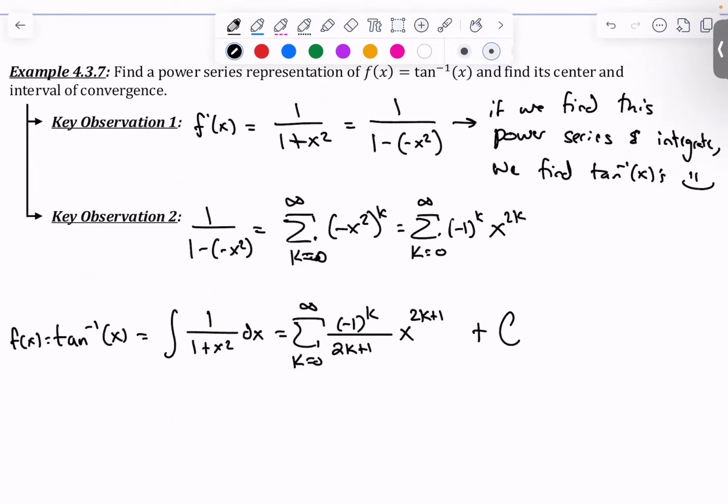Okay, but what's the constant? So we know that the radius of convergence, by the way, this thing has an ROC equal to 1, which means that the absolute value of x needs to be between -1 and 1.